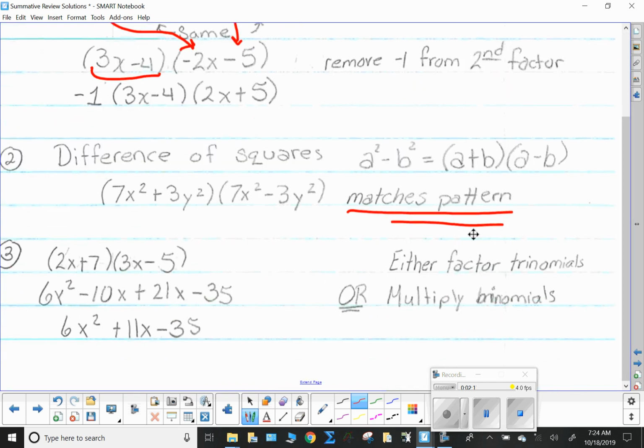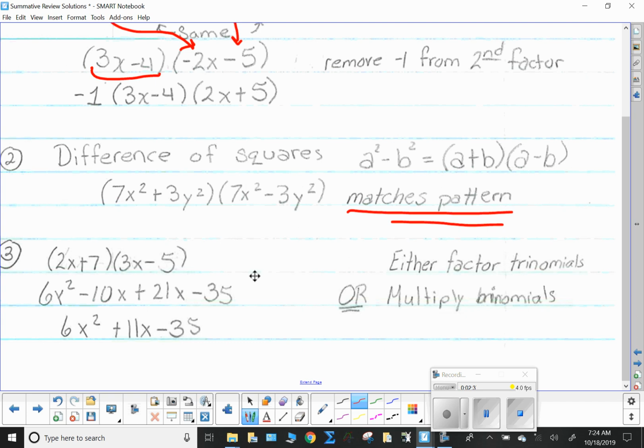Number 3, select the pair of expressions that result in the same graph because one expression is the factored form of the other. Okay? Here, you wind up with 2x plus 7 times 3x minus 5, and then the 6x squared plus 11x minus 35.